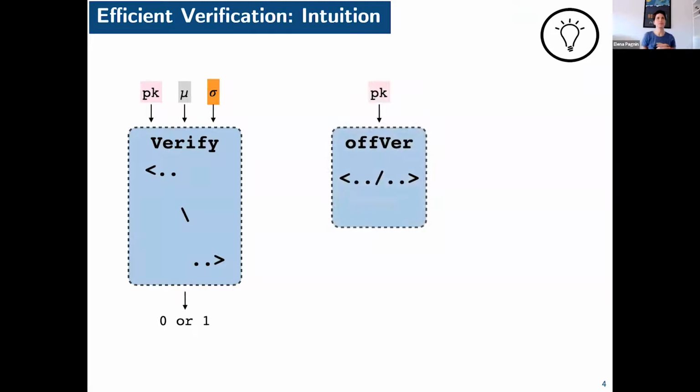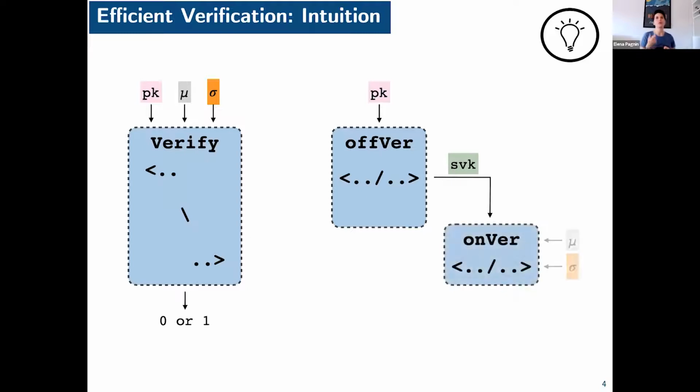Now, the idea of efficient verification is: let me run a potentially computationally expensive offline verification algorithm that only needs the knowledge of the public key, which is public information that everybody holds anyway. This offline verification will output something that I will call a short verification key, SVK.